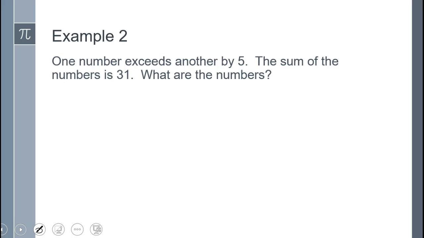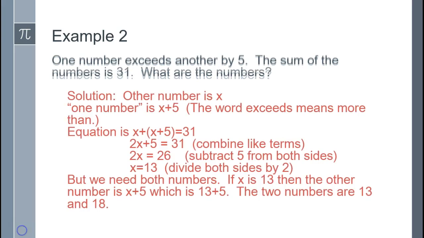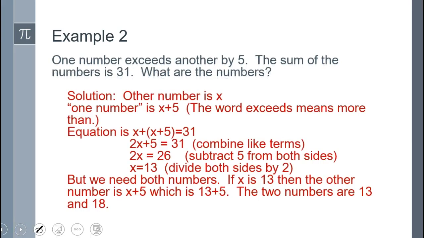And here's another number problem. I put this one in here because of this word exceeds. It means is greater than another by 5. So one number is greater than another by 5. So let the other number, the one it exceeds, be x. So I'm letting the other number be x.